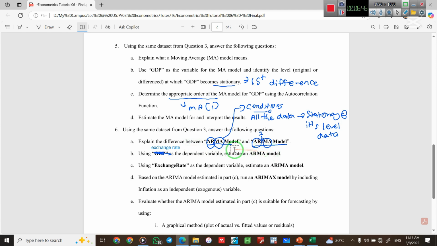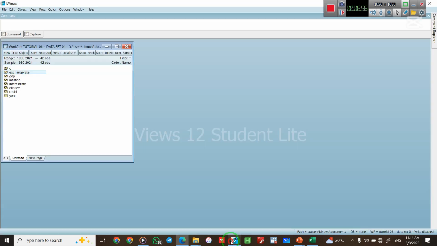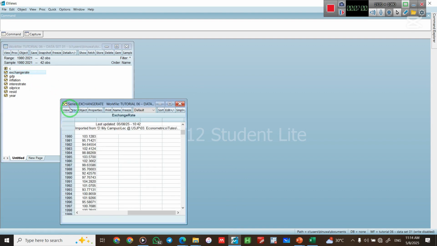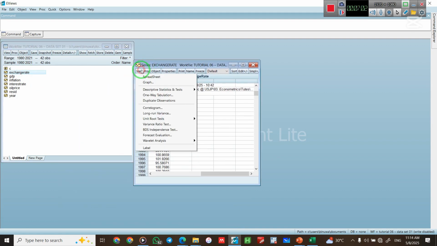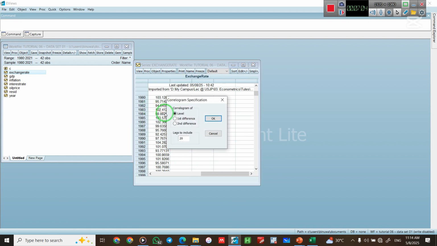To run the ARMA model, you have to identify the number of AR terms and MA terms. To do that, go to eViews, double click on the exchange rate, click view, correlogram, and we are identifying the correlogram at level data, then press OK.